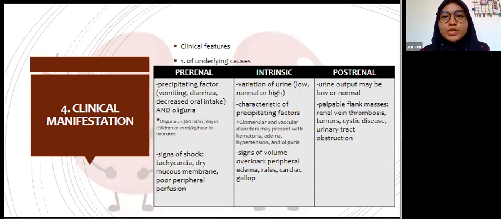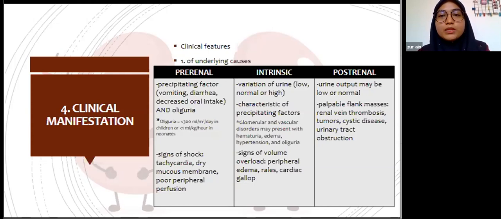Basically, what we can ask the patient is any precipitating factor that can suggest the etiology. For example, post-streptococcal glomerulonephritis: we can ask for a history of pharyngitis or skin infection a few weeks prior to the onset of hematuria or edema.